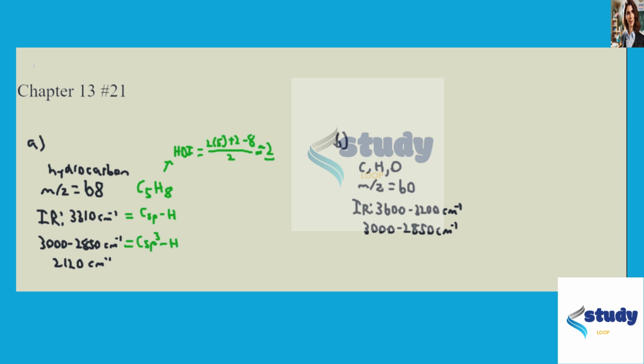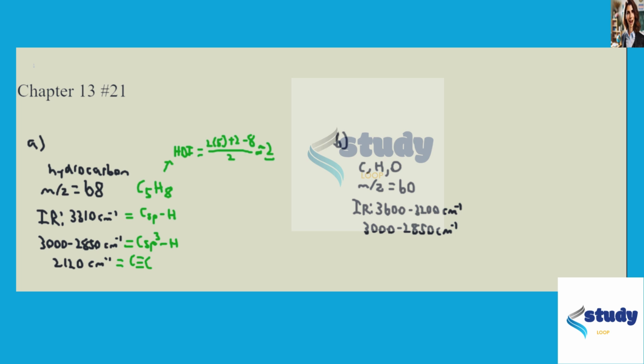Lastly, we have a peak at 2120, and that peak is also great because it confirms the presence of a carbon-carbon triple bond. Taken in conjunction with the peak at 3310, which was an sp hybridized carbon bound to a hydrogen, it further confirms the presence of a carbon-carbon triple bond in this molecule.